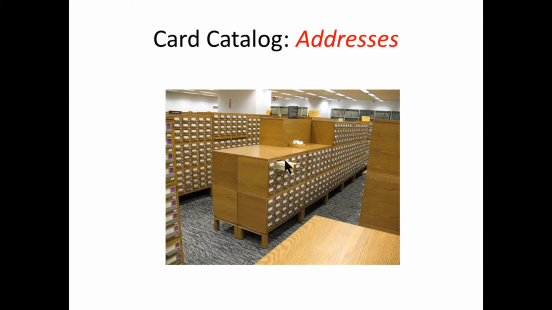And the card catalog is basically just drawers with these cards in them, listed alphabetically. So if you're looking for a book, you alphabetically find the right drawer, open the drawer, and then sort through the alphabetical listing of cards until you find the card for the book you're looking for. And that card will give you the address and tell you where in the library to locate that particular book.